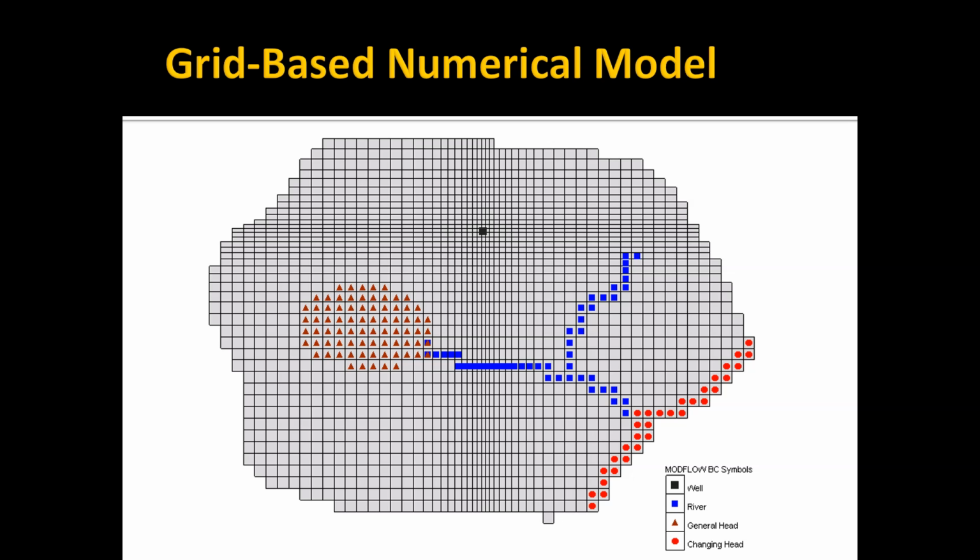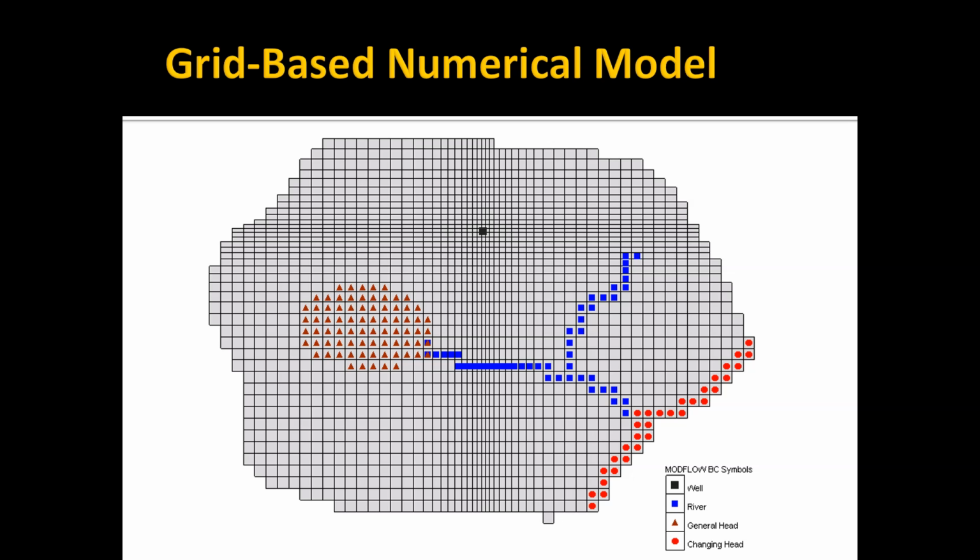Another benefit is if you do it once and decide later that you want a grid that has twice as many rows and columns, building a new grid and rediscretizing things to the grid cells takes literally a few seconds. So it really is an incredibly efficient way to do this.